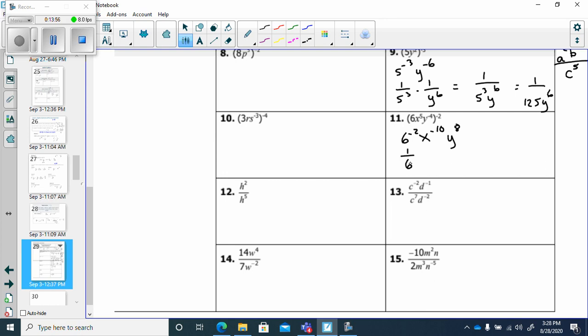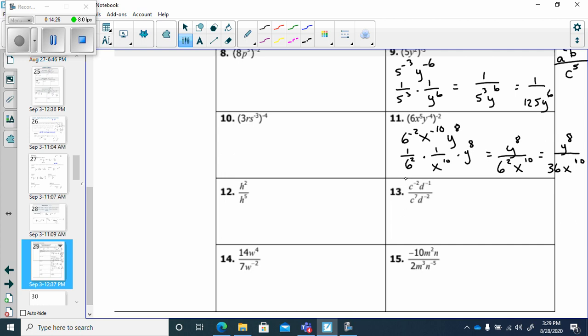That's 1 over 6 squared times 1 over x to the 10th times y to the 8th. If I multiply across, 1 times y to the 8th, y to the 8th is on the top. That gives me 6 squared x to the 10th. Let's square our 6, that's 36. Y to the 8th over 36 x to the 10th.